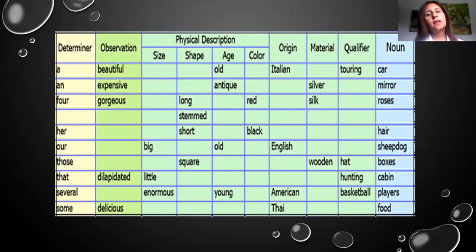And then you have the ones that speak about the physical description with the size, big, little, and enormous, the shape, if it is long, short, if it is square, the age, old, young, and thin, new, the colors, red, black. Then you have the ones for origin, material, qualifiers, like touring, hot, hunting, basketball. And at the end, we have the noun, okay? The noun is the most important word in this case.